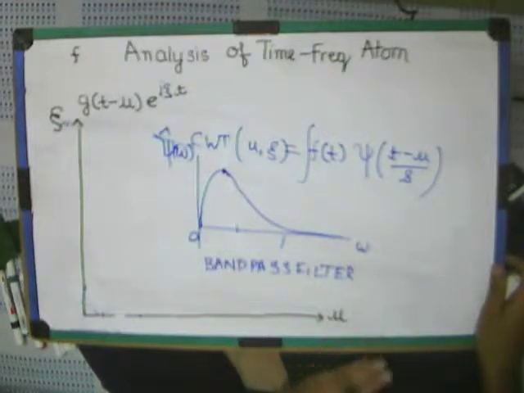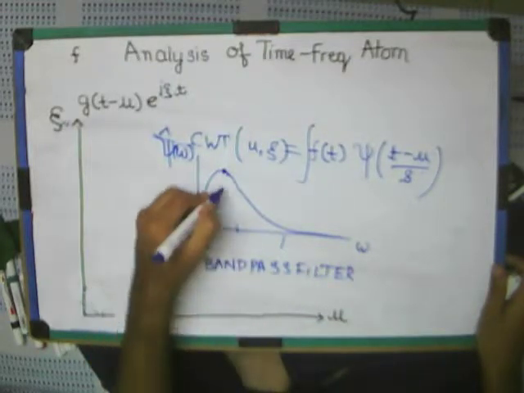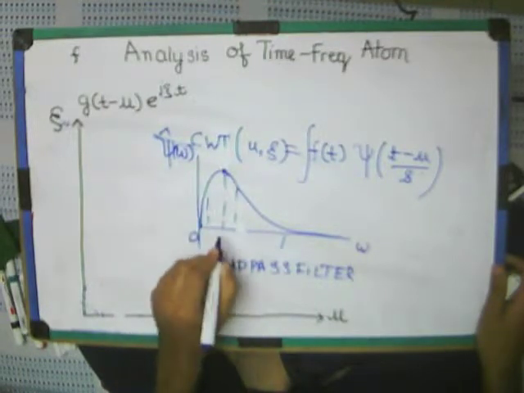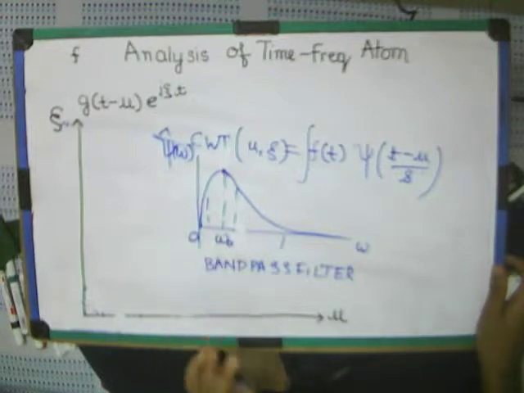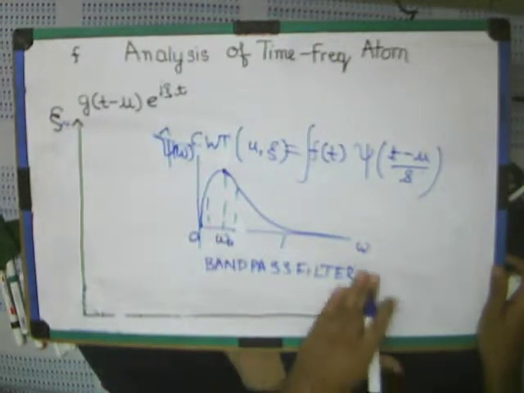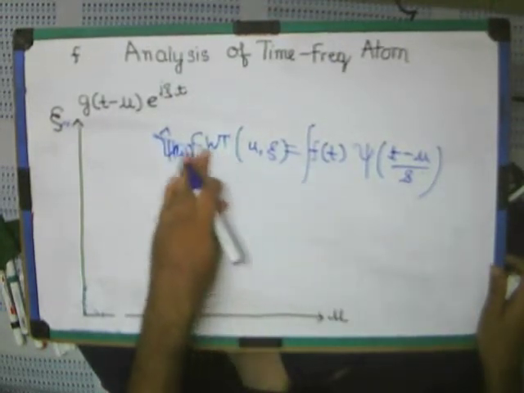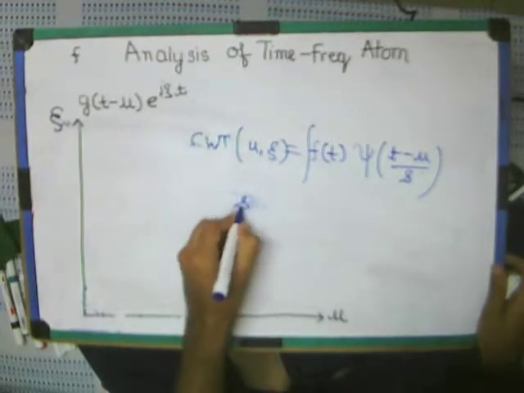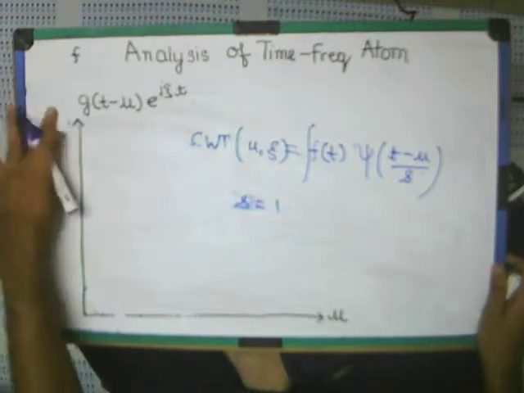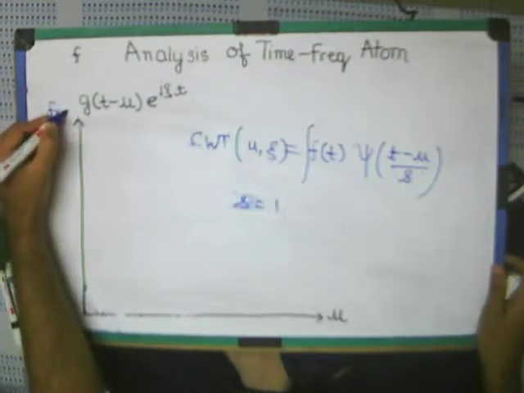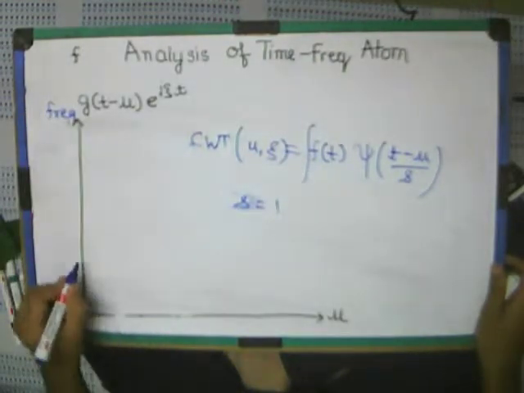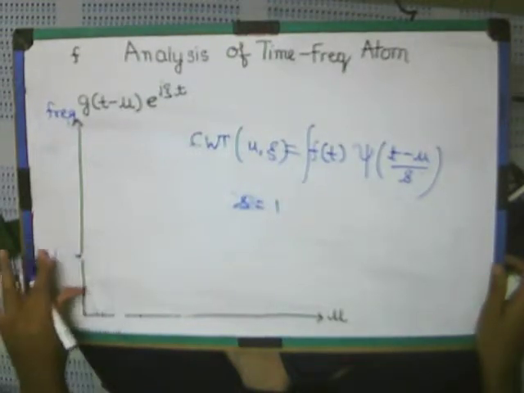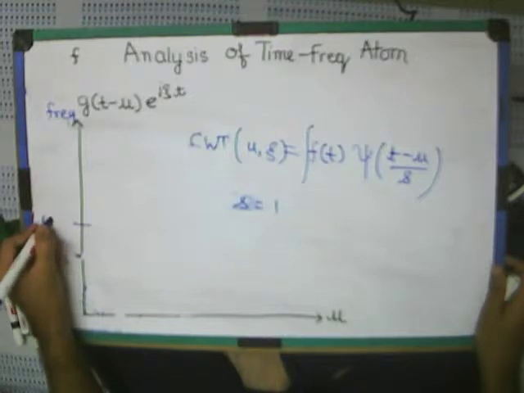So let me say that it allows this band of frequency to pass, centered around, let me say, omega naught. Okay, understood or not? So let me say that if the scaling is equal to 1, this is frequency. When the scaling is equal to 1, it centers around some omega naught.